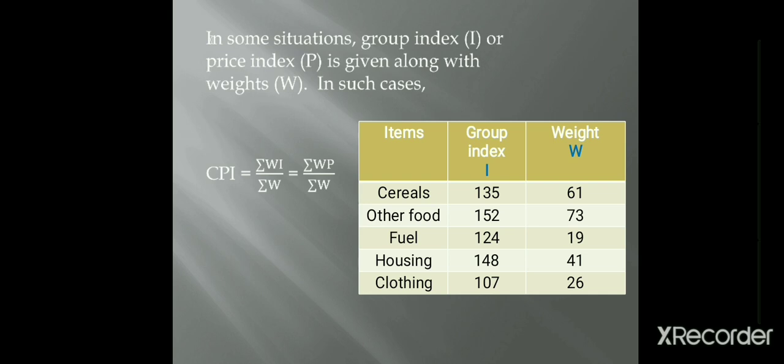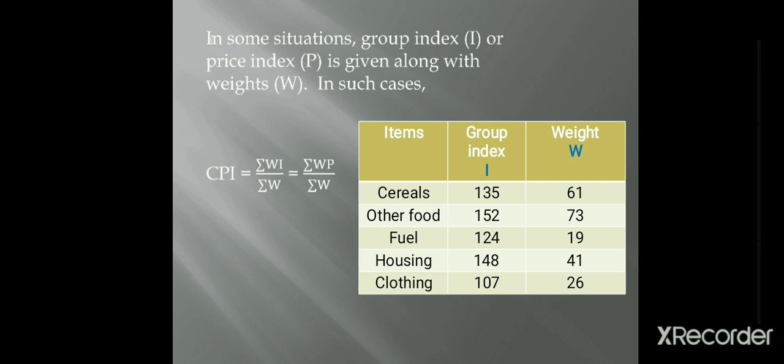For such a problem, consumer price index is calculated using the formula summation WI divided by summation W, where W stands for weight and I stands for group index. In some problems, instead of the word group index, we may come across the word price index.